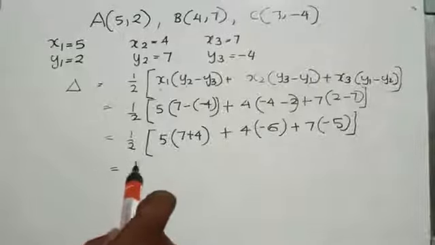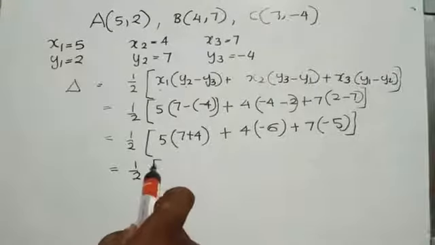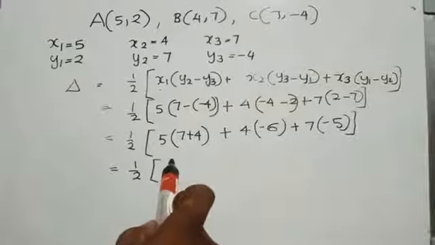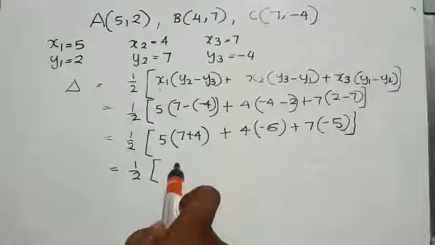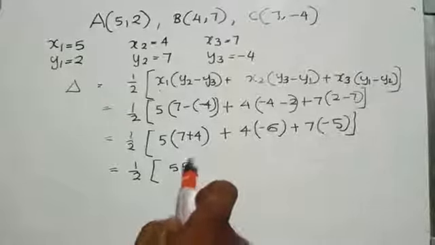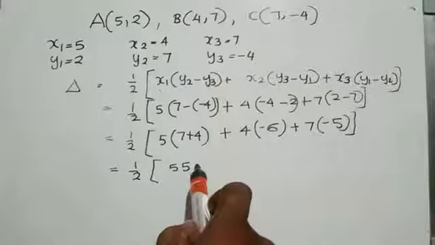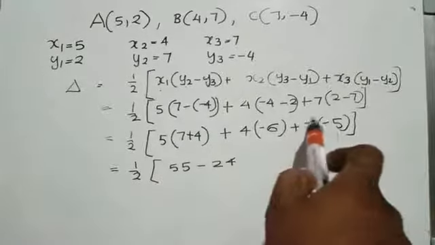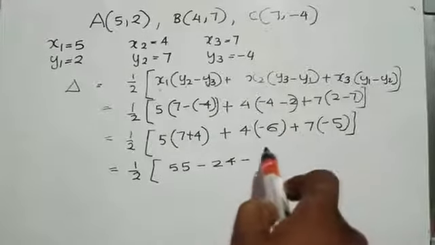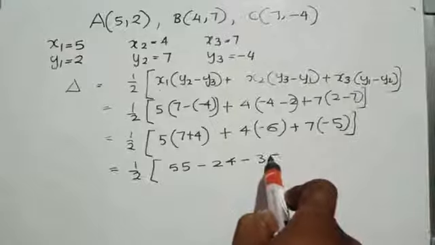That's equal to half of 5 into 11, 55, plus into minus, minus 4 6 24. Here also plus into minus, minus 7 5s 35.